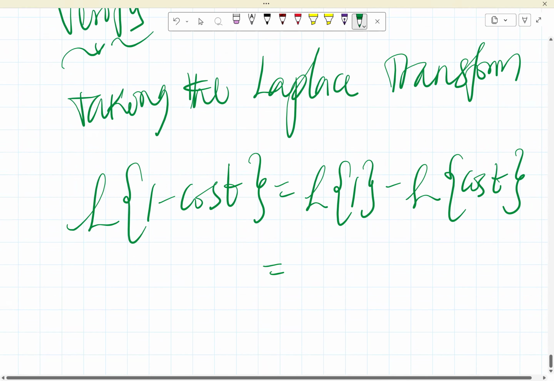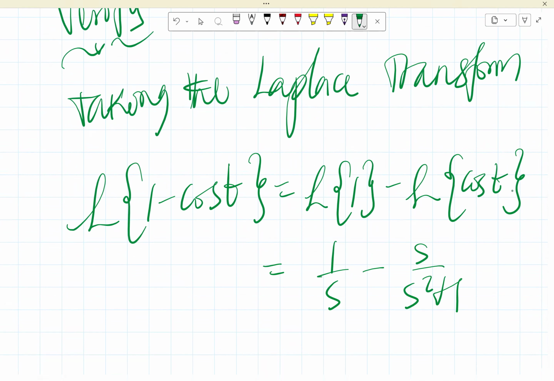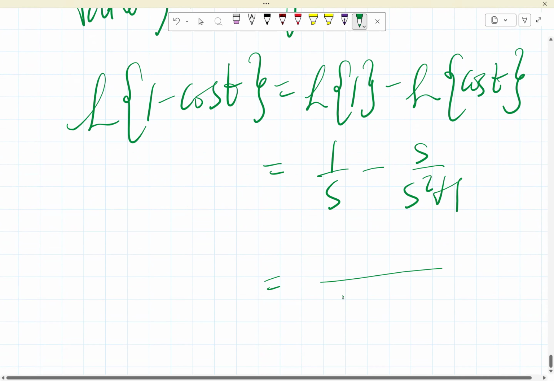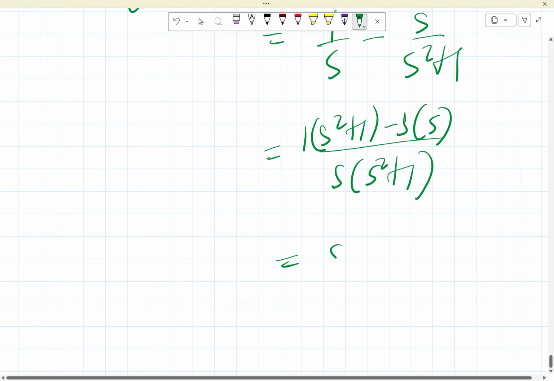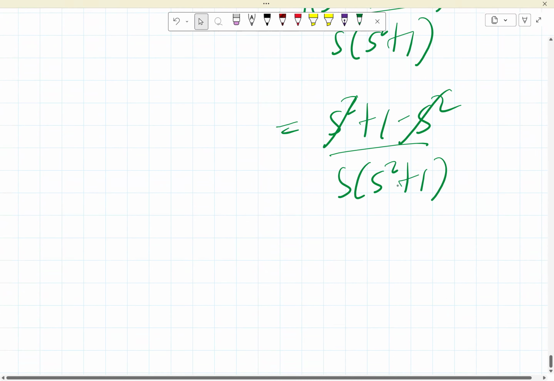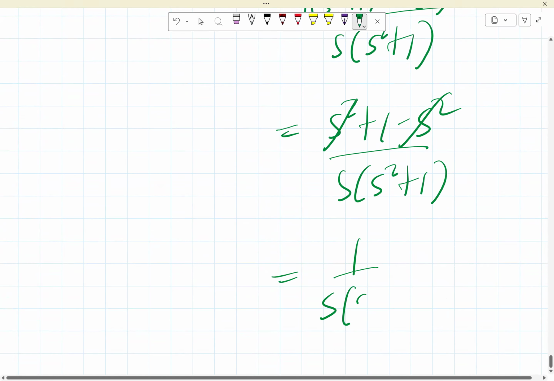You know Laplace of 1 is 1 over s, and Laplace of cos t is s over s squared plus 1. So we can take the LCM, that's s into s squared plus 1. We then have s squared plus 1 minus s squared, all over s into s squared plus 1. So this cancels out, and we have 1 over s into s squared plus 1.